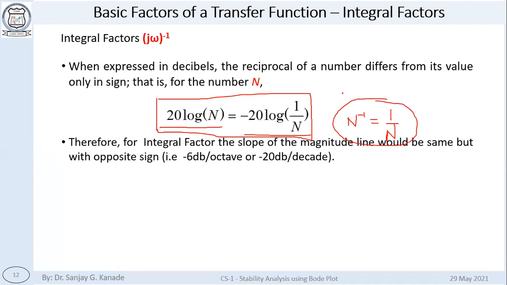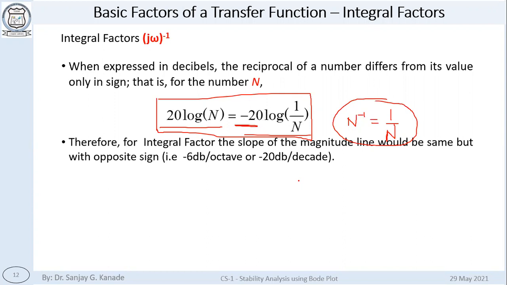Means what? If that S, which was earlier in the numerator, shifted to the denominator, what happens? What happens there? The slope of the line will become negative. That's it. Whatever analysis we saw about the derivative factor holds equally correctly, except for the fact that the direction will be reversed.